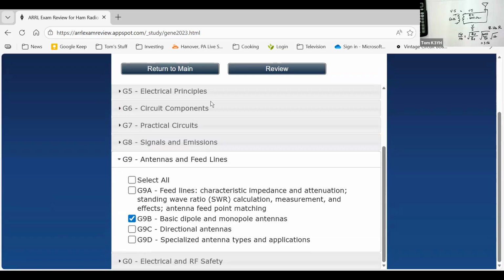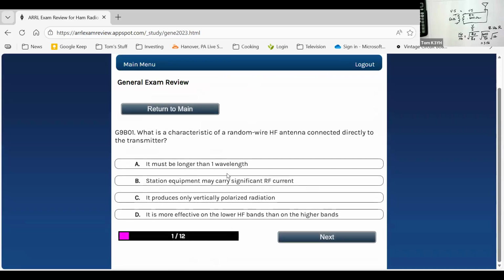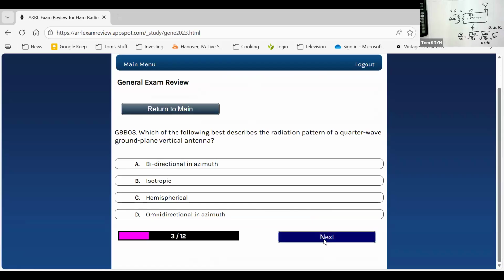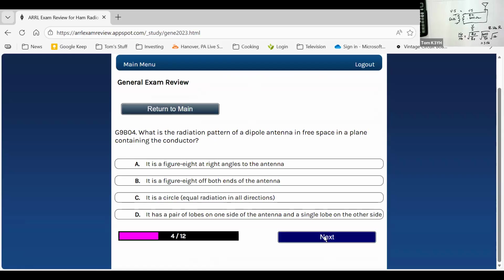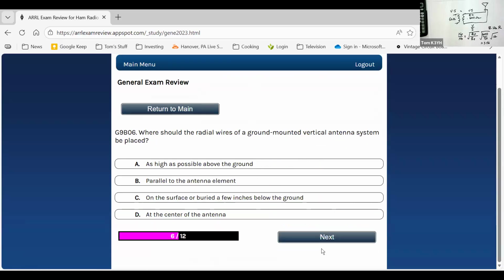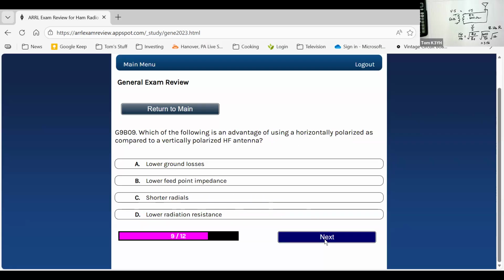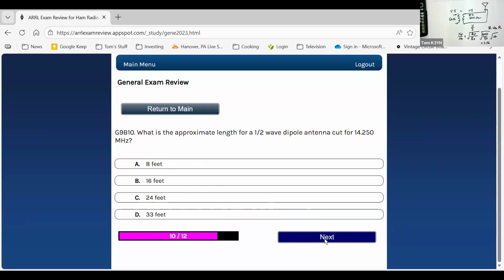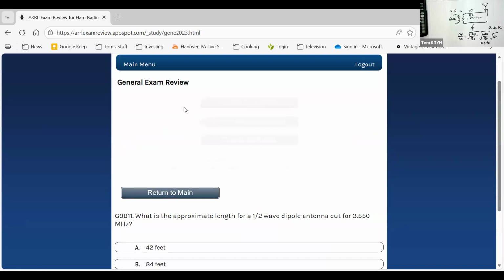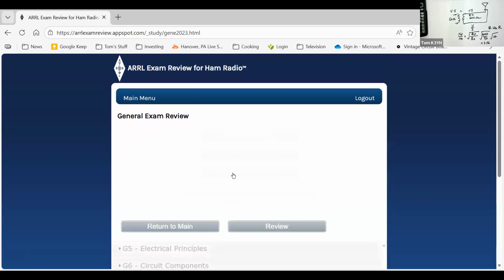G9B 10, 11, and 12. Oh, I skipped 10. All right, let's try this again.